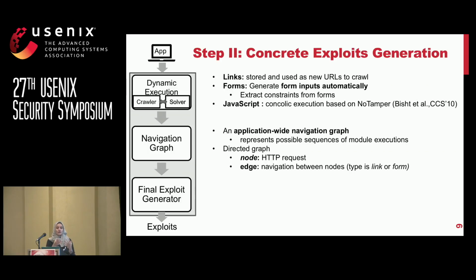We use all the crawled information, the links and the forms that we've generated inputs for, to build the navigation graph. The navigation graph is a graph that represents the whole application navigation. It's a directed graph.